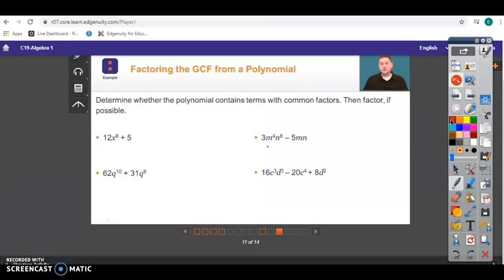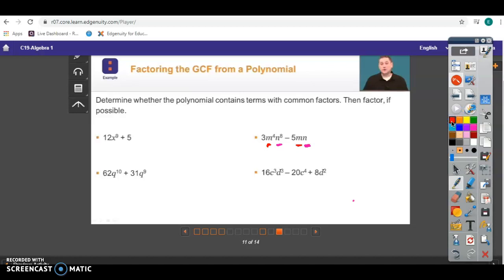So right here I have 4 m's, and right here I have 1 m. So how many m's can I take out? I can only take 1 out of both. Okay, then you have 8 n's here and 1 n here. How many can I take out of both? I can only take out 1 n, because this one only has 1 and that's all I can take out.